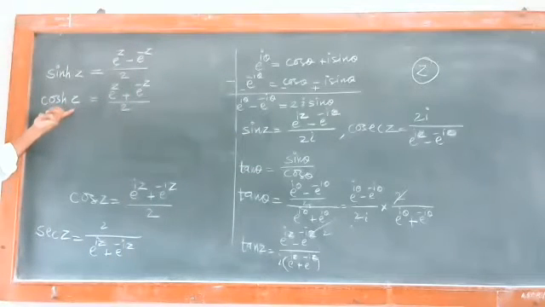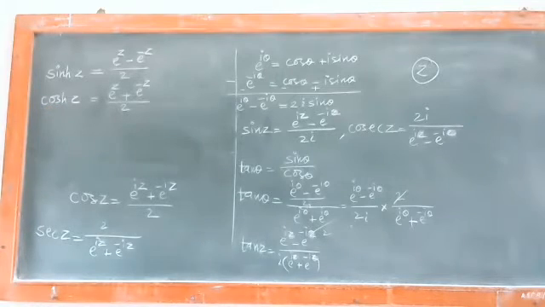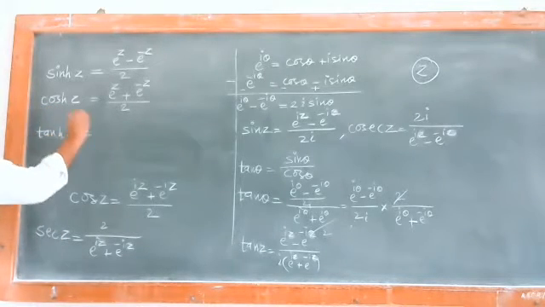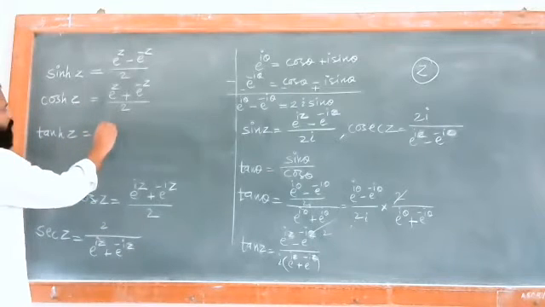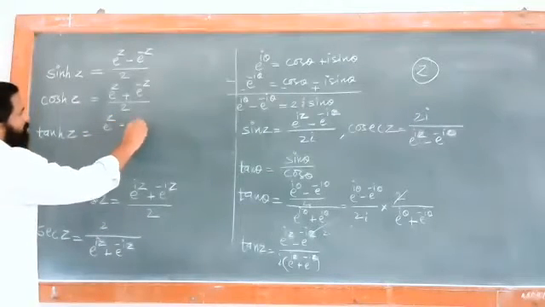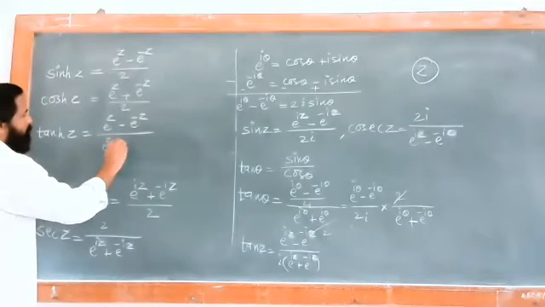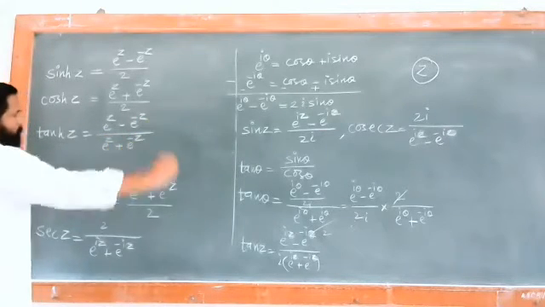Okay, we can have these hyperbolic functions. Now how can you write your tan z? Tan hyperbolic of z, we'll write that it is equal to e raised to z minus e raised to minus z divided by e raised to z plus e raised to minus z.